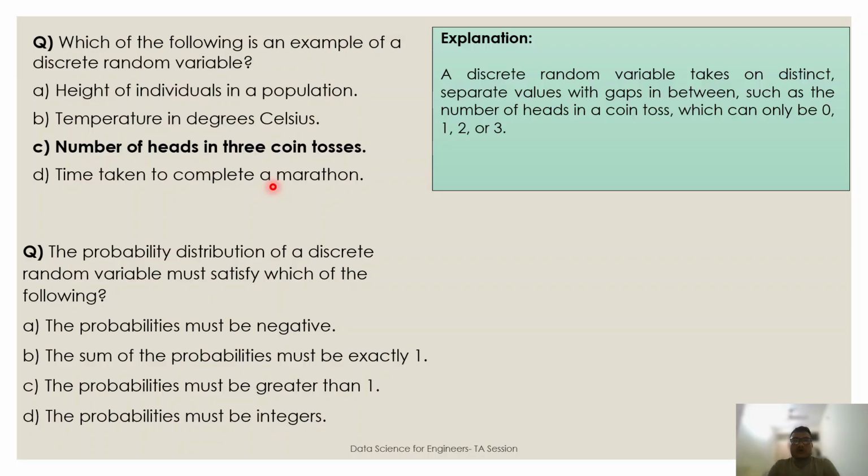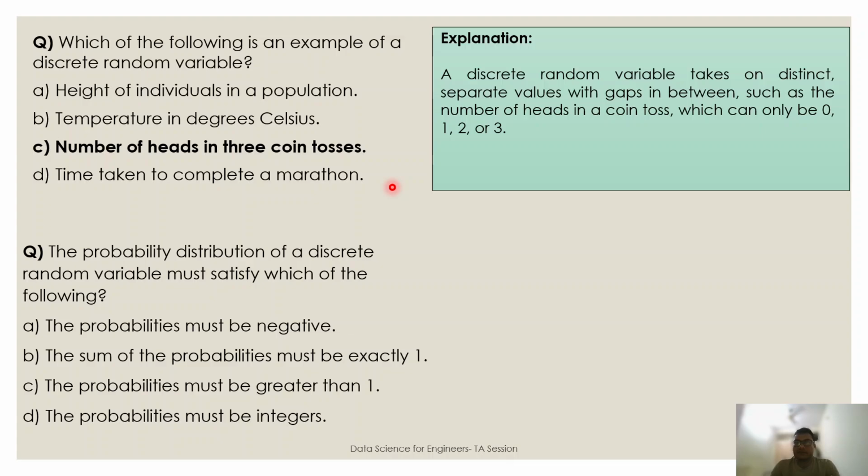When you toss a coin, you will get either head or tail, and we can convert that into 0 and 1 form. Talking about the other options, height of an individual: you will say 4.4 or 4.5, so a decimal is coming there. Temperature, we already saw the example. Time taken to complete the marathon has a fraction of seconds.